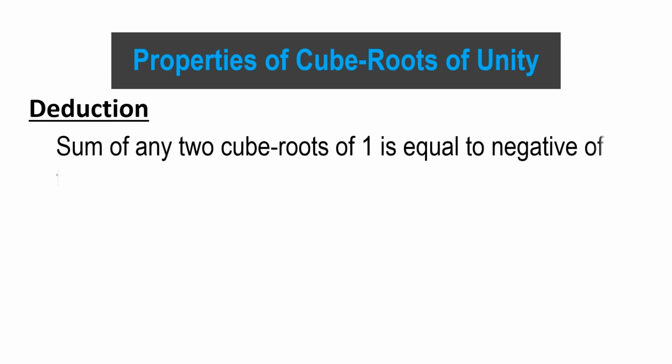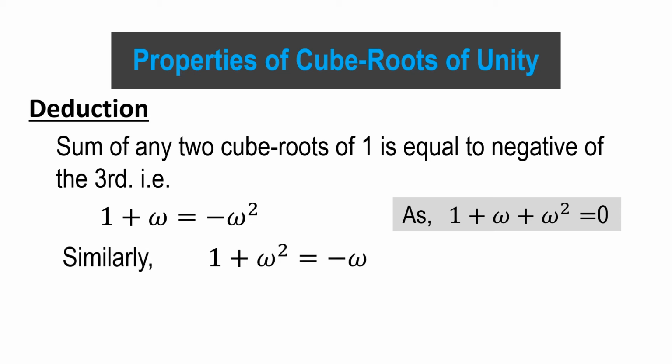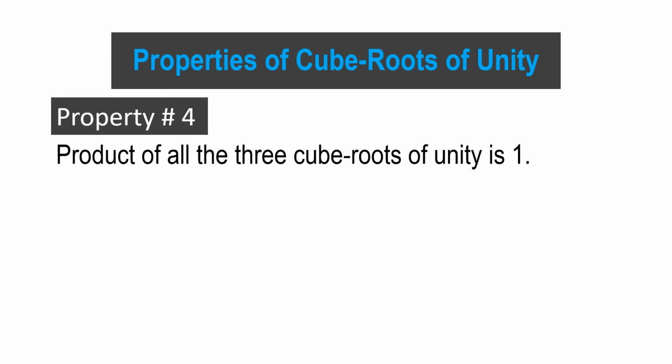We simplify it and finally get it is equal to 0. Deduction. Sum of any two cube roots of 1 is equal to negative of the third. That is 1 plus omega is equal to negative omega squared, as 1 plus omega plus omega squared is 0. Similarly, 1 plus omega squared is equal to negative omega and omega plus omega squared is equal to negative 1.